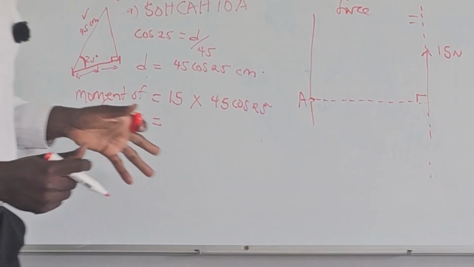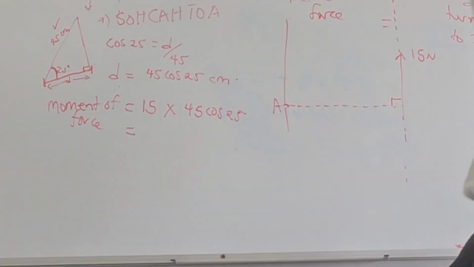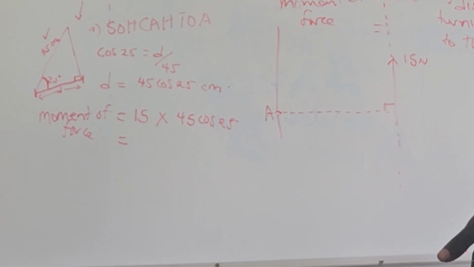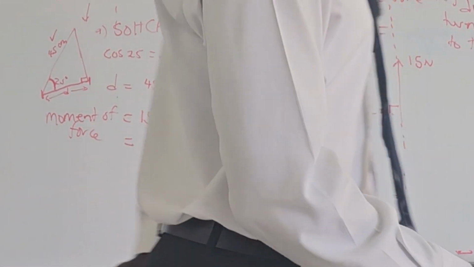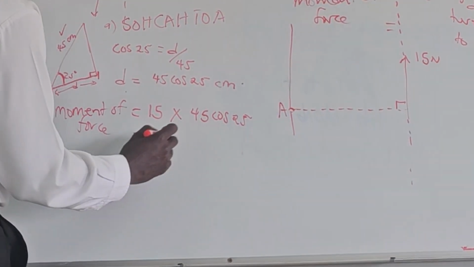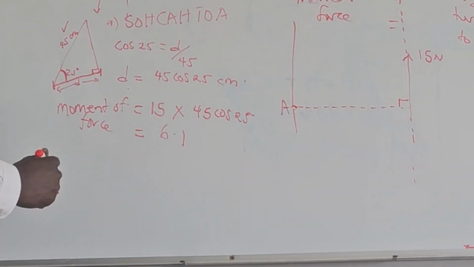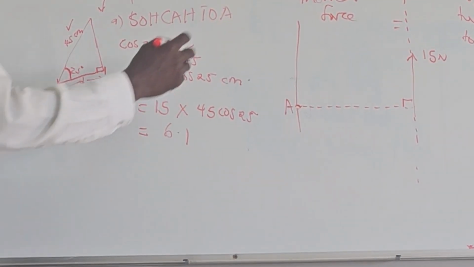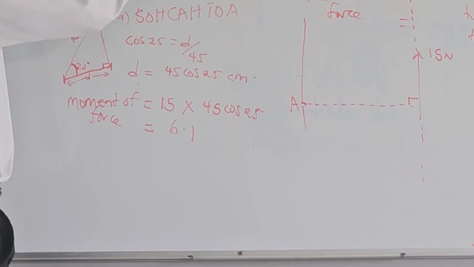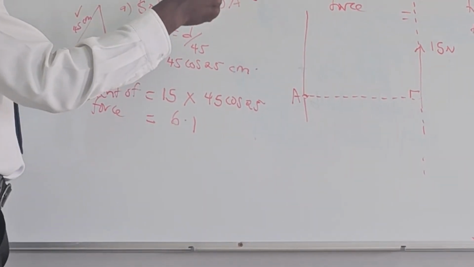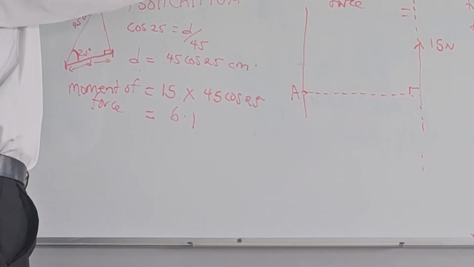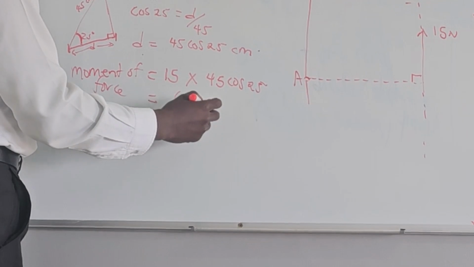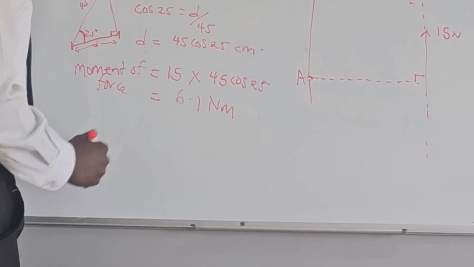And when you place this on a calculator, you are getting 6.1. And then the SI units, the force is in newtons, the distance is in meters. So it will be Newton meters.